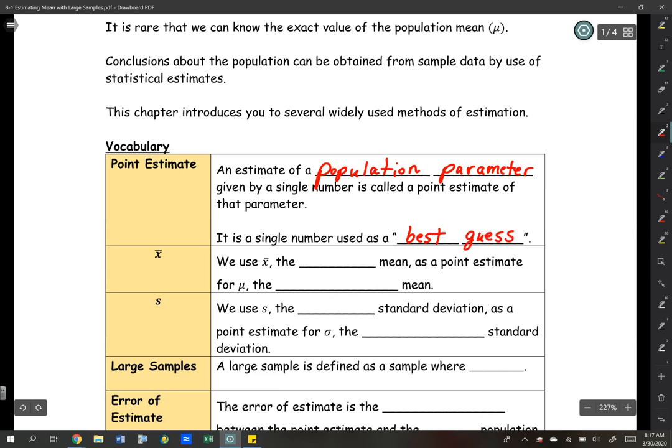So a best guess for the population mean, we use X bar, the sample mean, as a point estimate for mu, which as you know is the population mean. We use s, lowercase s, the sample standard deviation, as a point estimate for the population standard deviation, sigma.